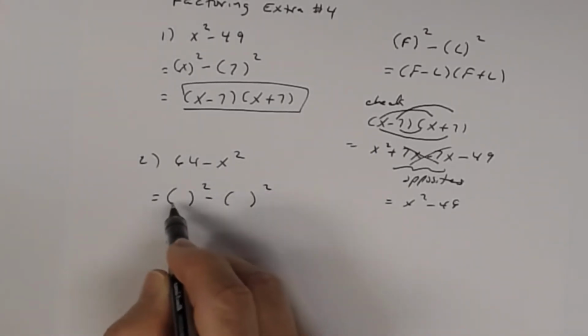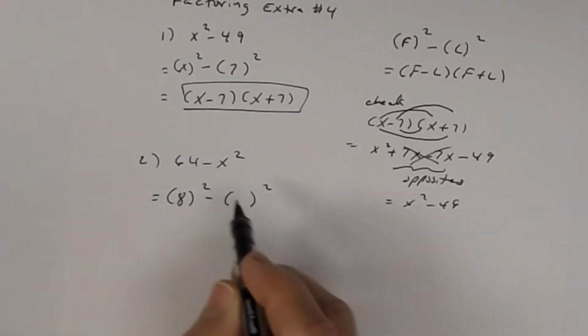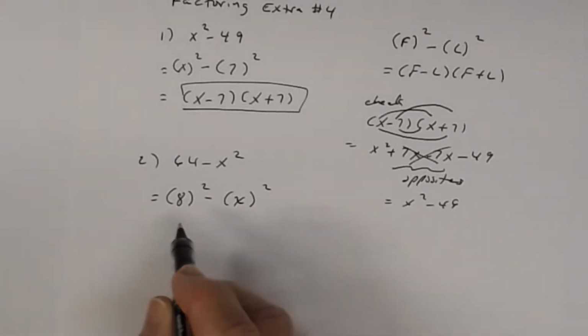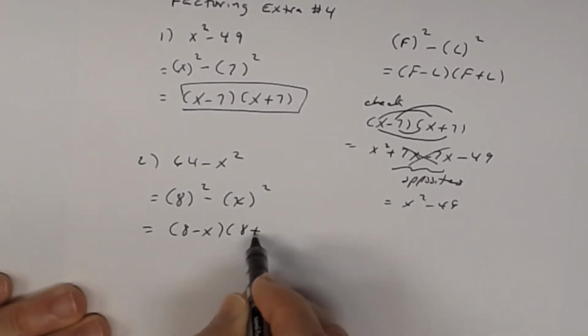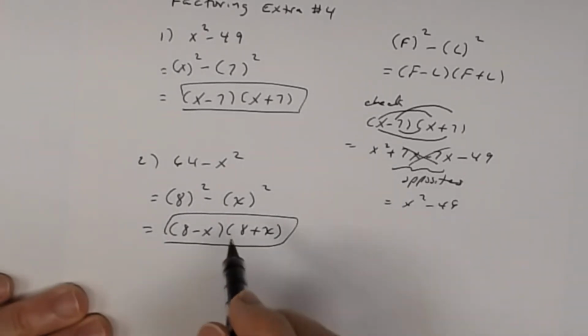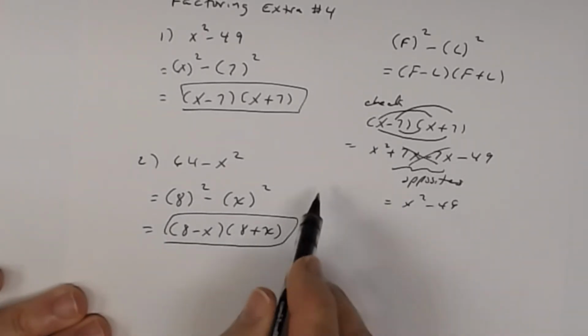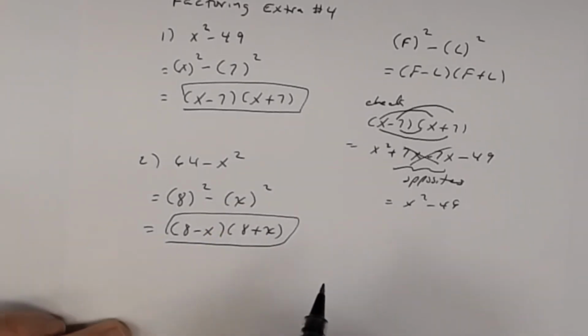So I can fill in this parentheses as 8 squared. 8 times 8 is 64, and this is x, so therefore I get 8 minus x times 8 plus x. And if you want to, you can go ahead and FOIL it out like we did here, and you will see that this is the binomial that we have here.